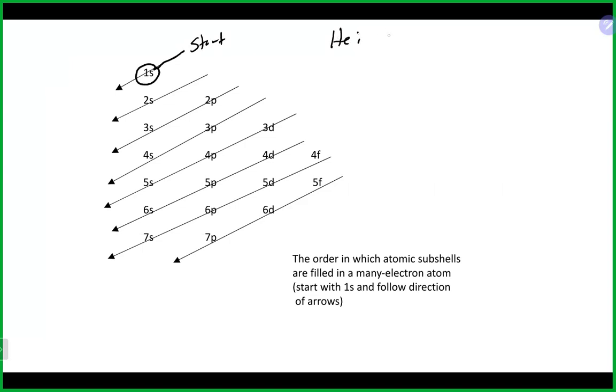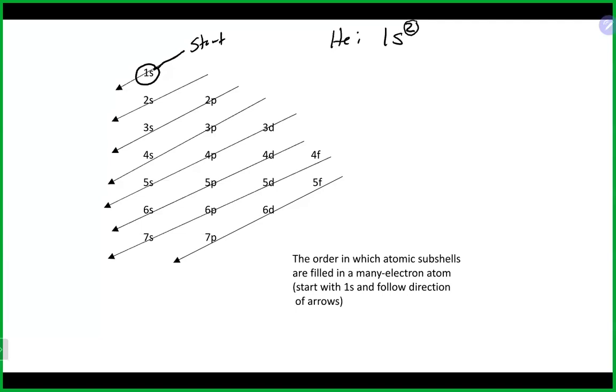So helium's electron configuration would be 1s2, with the 2 up on top. Again, the first number tells us we're still on the first energy level. We're still in the s orbital. And the number at the very top tells us that orbital now has 2 electrons in it.